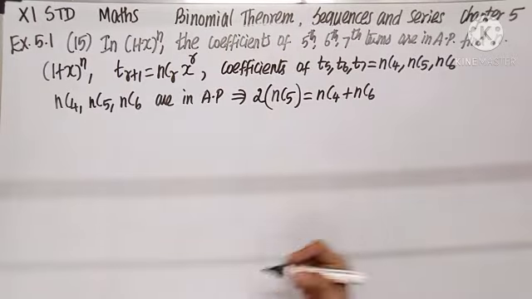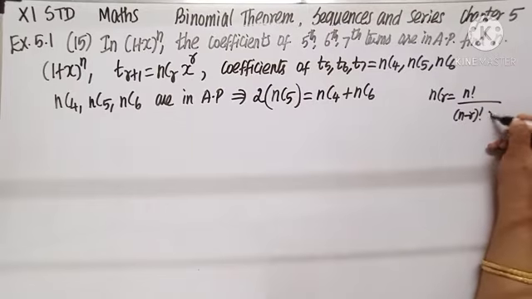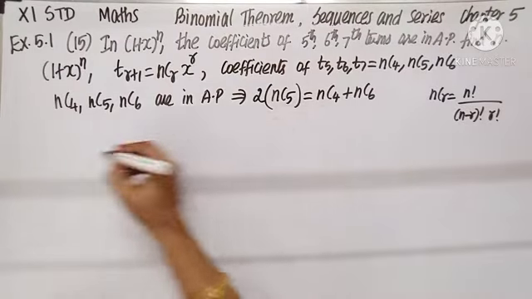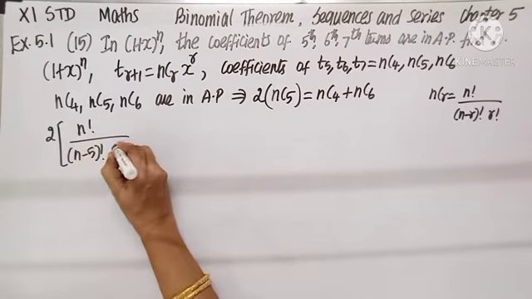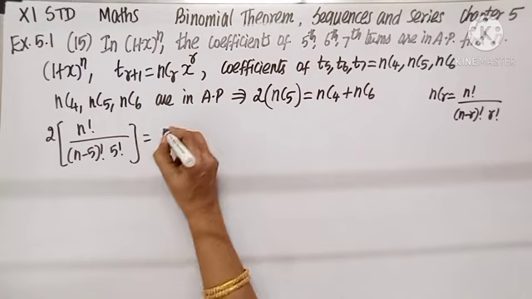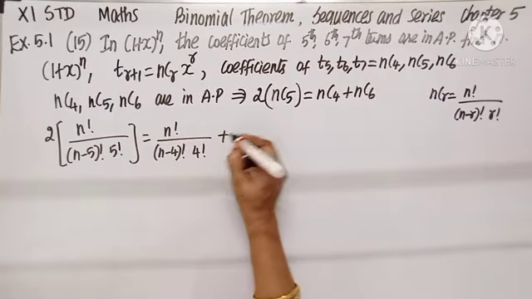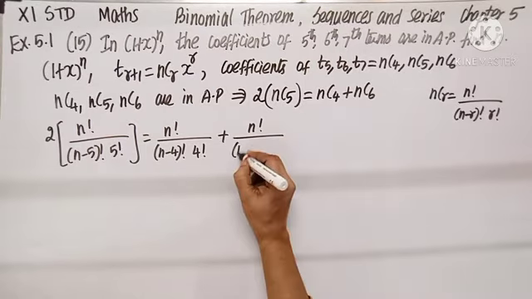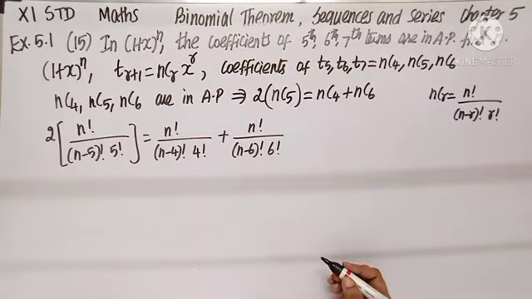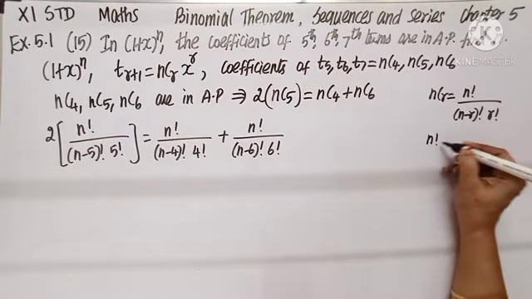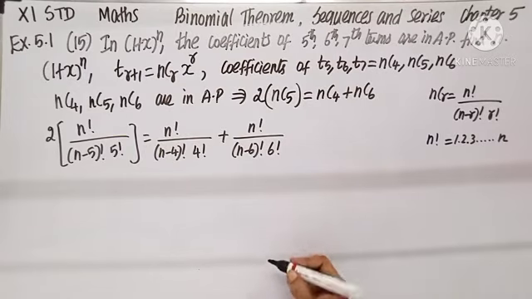Let us expand. What is the nCr formula? n factorial by (n minus r) factorial, r factorial. Substituting here, it is 2 into n factorial by (n minus 5) factorial into 5 factorial equals n factorial by (n minus 4) factorial into 4 factorial plus n factorial by (n minus 6) factorial into 6 factorial. Remember the formula. n factorial is 1, 2, 3 up to n. What will be n minus 6 factorial?